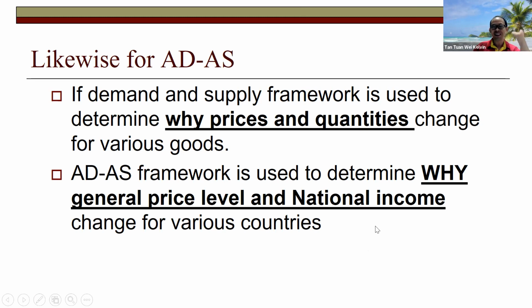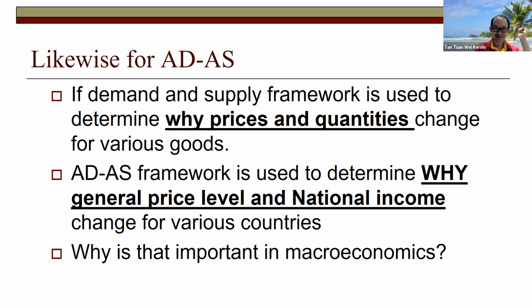So you can immediately see the contrast here. For micro, it's for just a particular good, just a particular market. But in macro, we want to determine how the real GDP as well as the general price level change for the country as a whole.